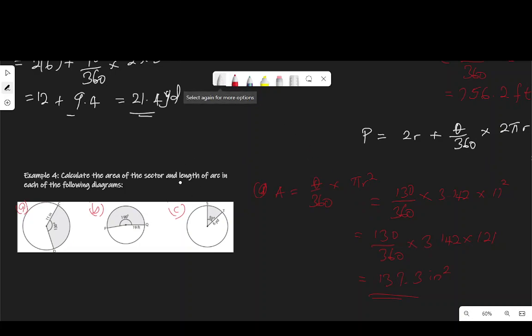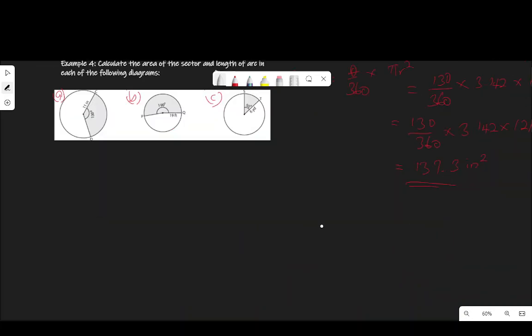The second question says length of the arc. Length of arc, as we know, is theta over 360 times 2 pi r, and theta is 130 divided by 360 times 2 times 3.142. r is 11.